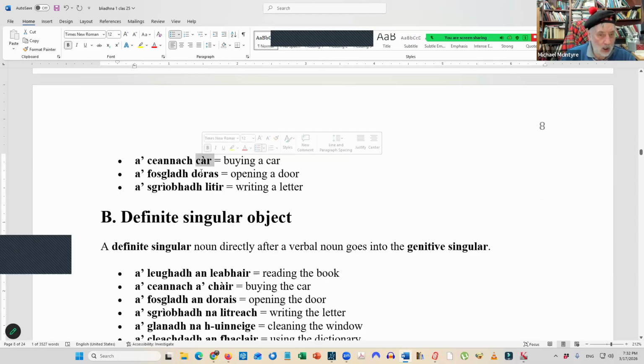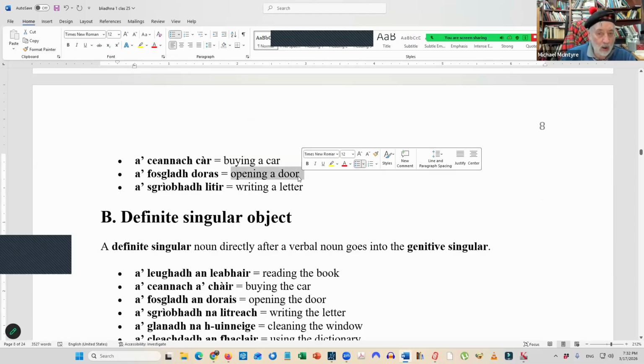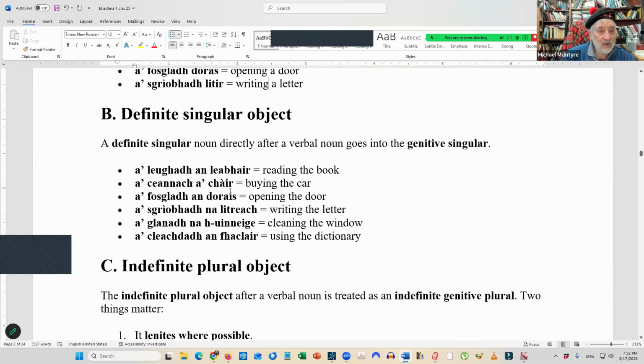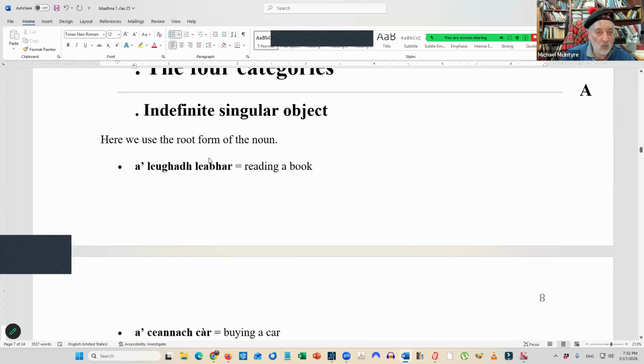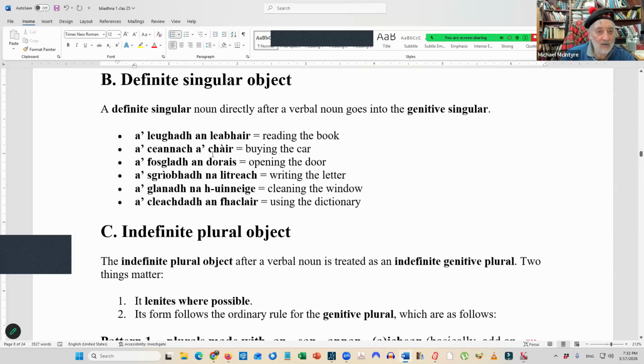A foslich doris, opening a door. A scrivich lecher, writing a letter. So for singular indefinite, you just use the root form. Got that? That's the easiest one.